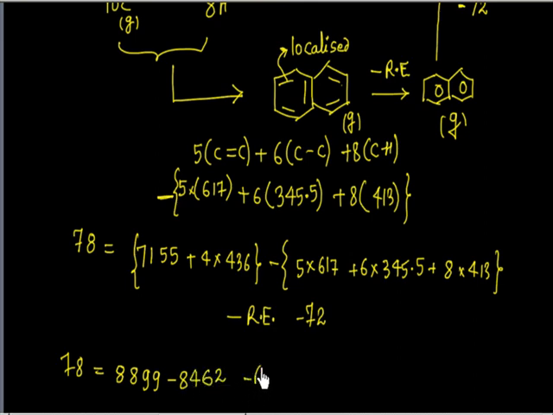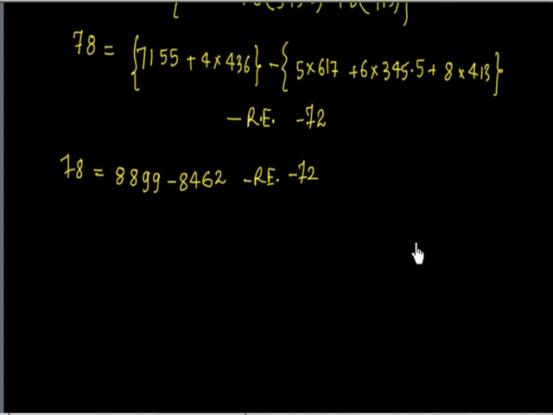So 8462 minus resonance energy minus 72. Now I can calculate the resonance energy. What is the resonance energy value? If I take the resonance energy to this side, I will have 8899 minus 8462 minus 72 minus 78. Let us calculate this value.